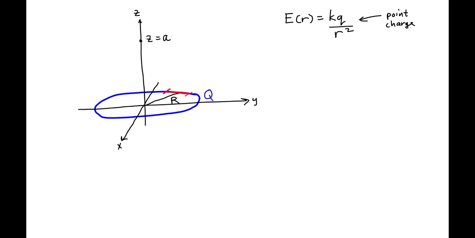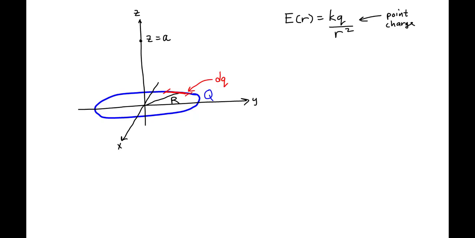This charge element is going to represent part of the whole. It's going to represent an infinitesimally small amount of charge, dq. dq will be our representative charge element. What we're going to do is take that dq and sum up all of the other tiny charge elements all the way around the ring.